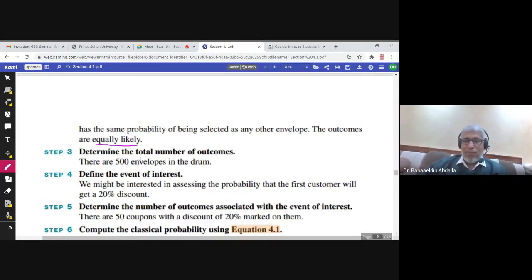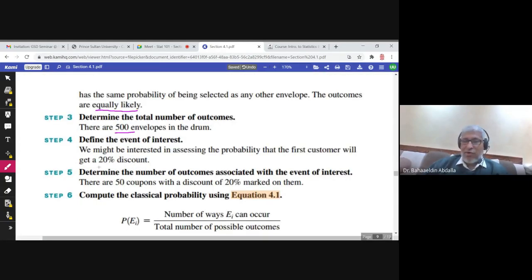Now, the total number of outcomes, we have 500 envelopes. If we are interested in the 20% discount, this is the question: what is the probability that the first customer will get a 20% discount? He did not pick, but this is a hypothetical question.